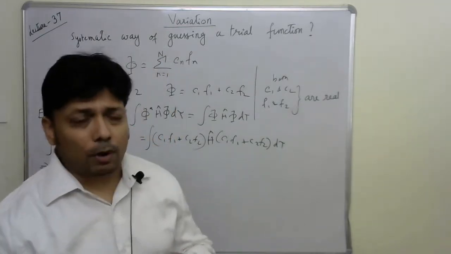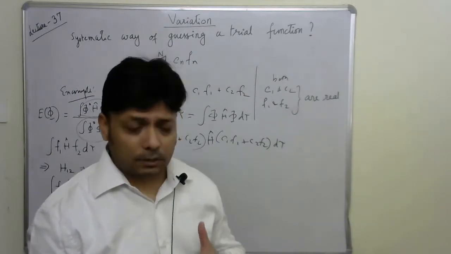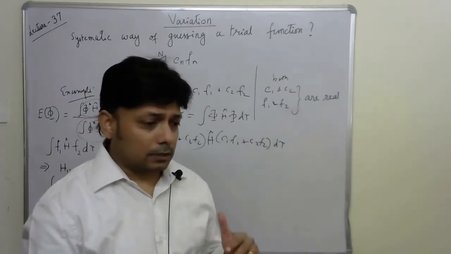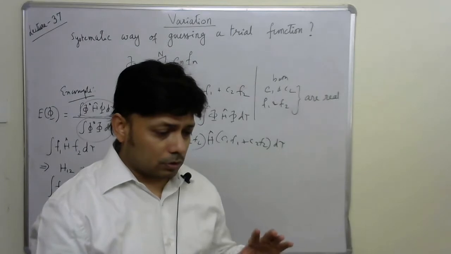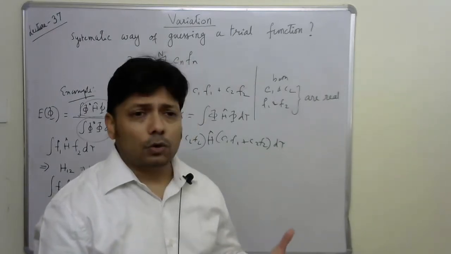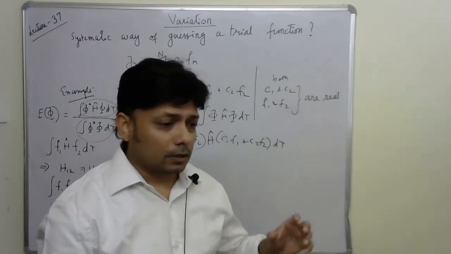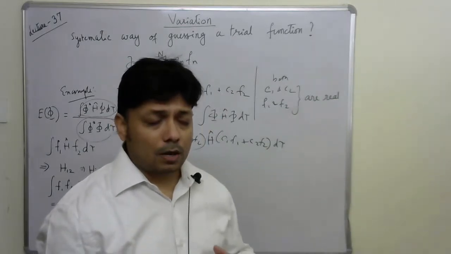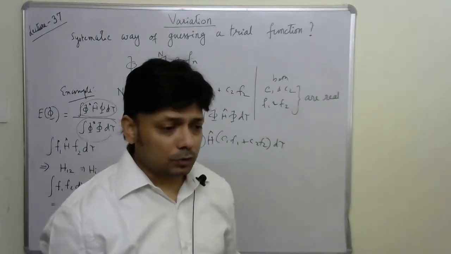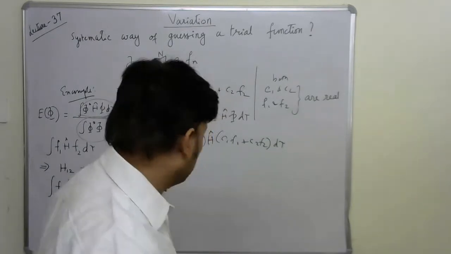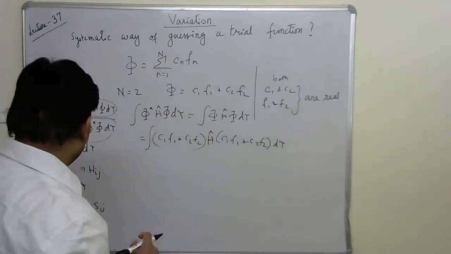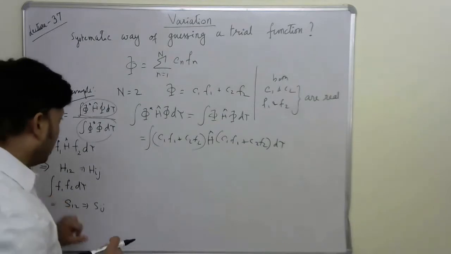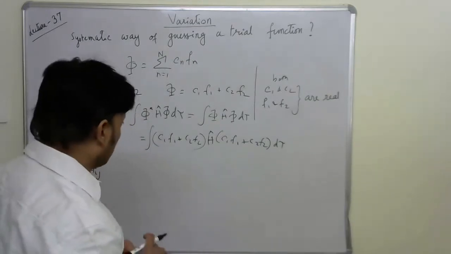I haven't talked about matrix elements in detail because they become more relevant when we talk about Dirac notation, so we are not going into those details. For the time being, let's recognize H12 and S12, or H11 or S11.